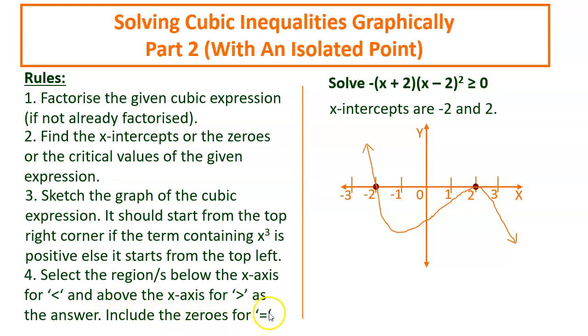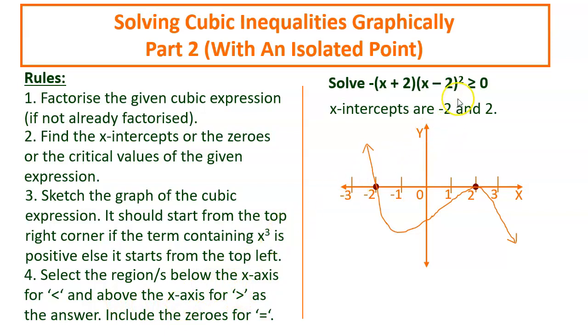If the equality sign is also included in the given question, then you include the zeros in the answer, or else for less than sign, you have to include the region or regions below the x-axis, and for the greater than sign, you have to include the region or regions above the x-axis.